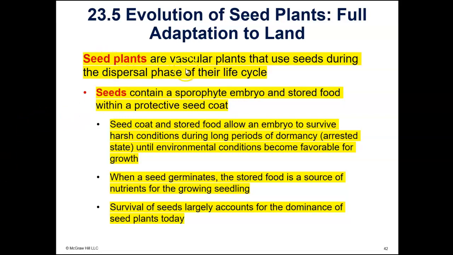Seed plants, all of them, are vascular plants that use seeds during the dispersal phase of their life cycle, the part where the seeds are dispersed by wind or animals.